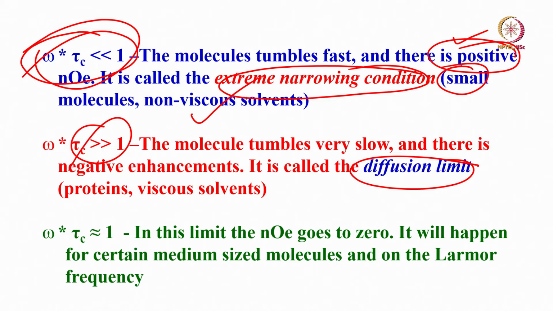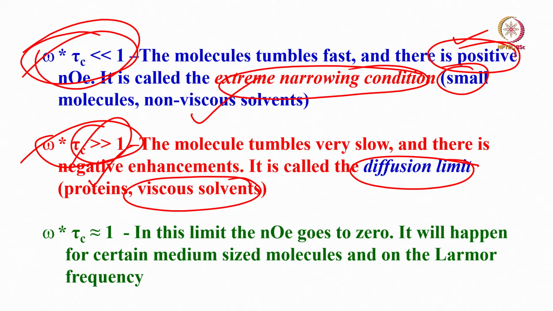The diffusion limit can happen only for big molecules like proteins, in the sense large molecules. They cannot rotate or tumble faster like small molecules, and especially when such molecules are put in viscous solvents, which restrict the mobility, you can experience omega tau c larger than 1. It is called the diffusion limit.